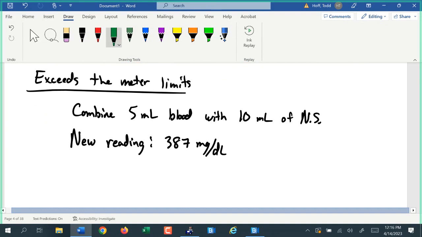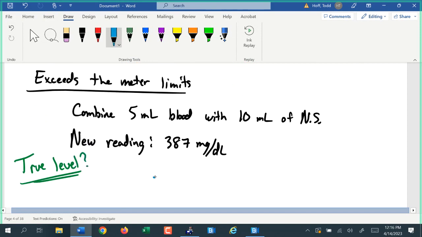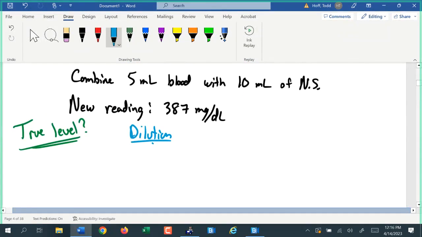So find the true reading, or the true level. Well, to find that, the first step is to define the dilution. The blood is now our serum. That's what we're testing. There's 5 milliliters of that. But remember, the second number here is the total solution.